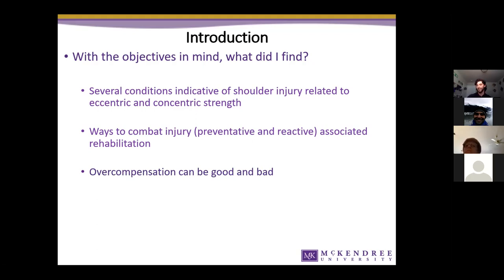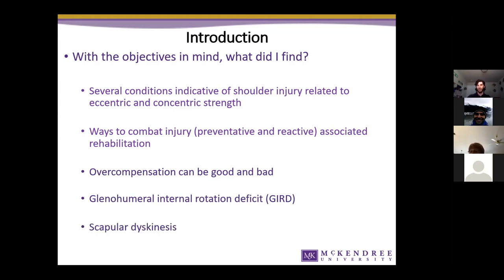This was a very interesting concept to think about holistically. I also learned about glenohumeral internal rotation deficit. I'm not going to say that the entire time, so I'll be saying GIRD for the sake of how big that phrase is. And I also learned a lot about scapular dyskinesis.